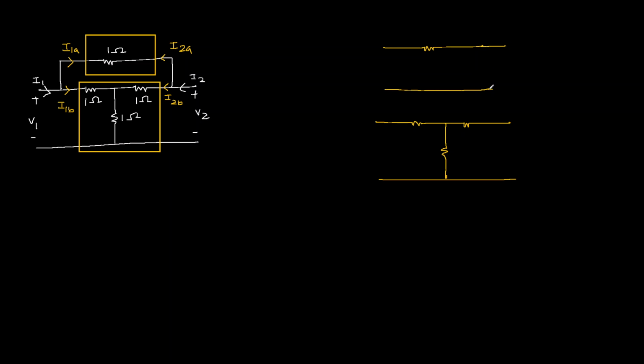At port 2 also, I2 current is divided in two parts, I2A and I2B. Now let's redraw this circuit: T network at the bottom and 1 ohm resistance at the top. And it is connected like this.